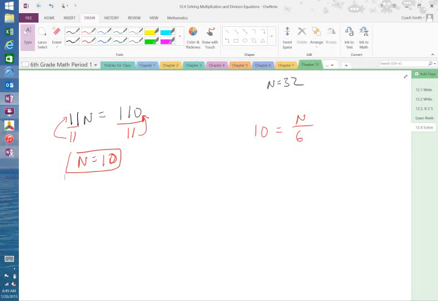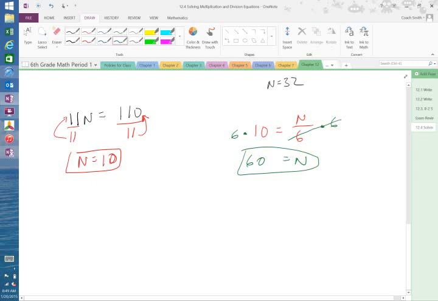And yes, you did it correctly. You multiply by 6 to both sides. The 6s on the right side cancel each other out, leaving me with n. And then 6 times 10 is 60.